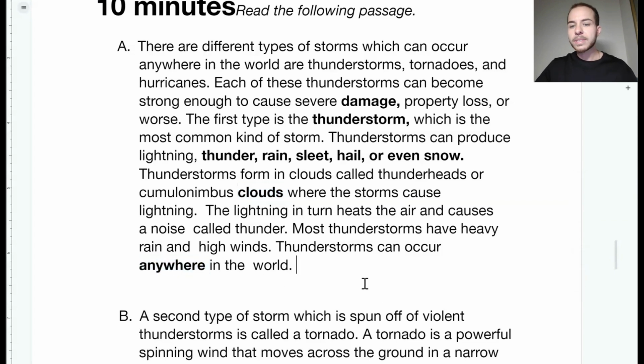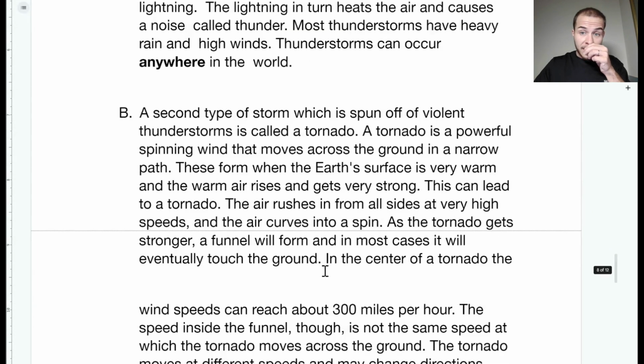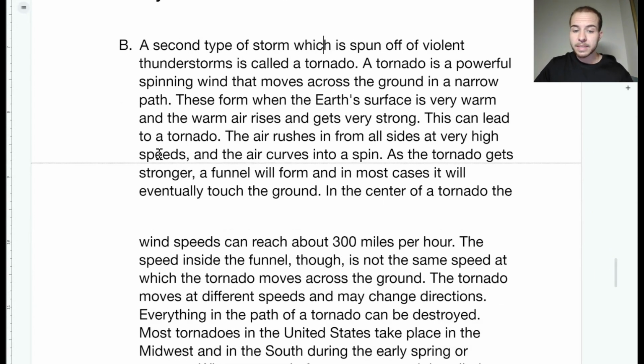Okay, so that one's definitely about thunderstorms. They do use words like damage, which might help us. We had a question about snow and rain and clouds, so I highlighted those words. Next is B. Again, skim the paragraph and highlight keywords.